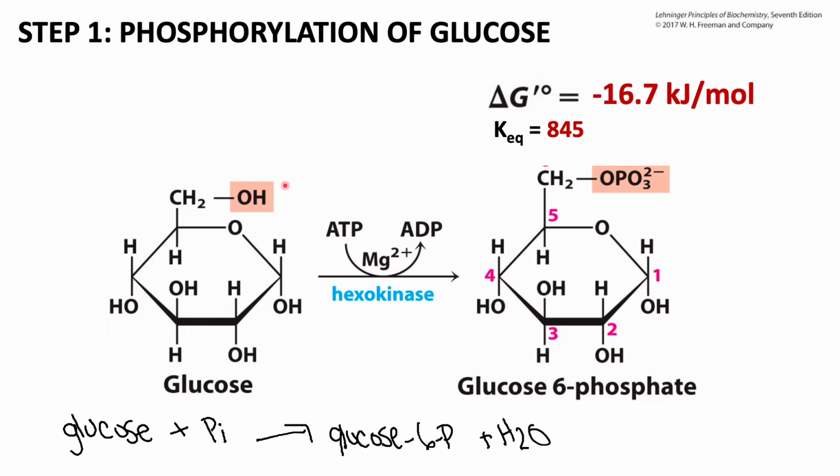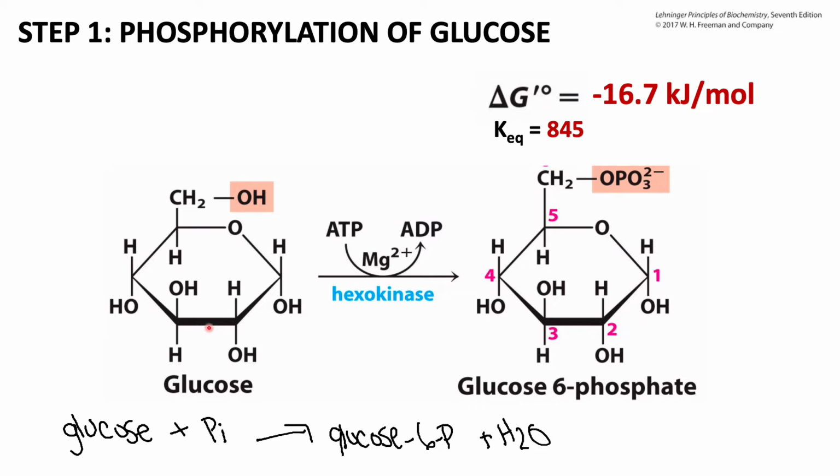But how do we initiate that process of glucose breakdown? Well, we have this glucose molecule, and our biological systems have a mechanism in place in which we phosphorylate this glucose molecule to signal to the cell that it is ready to undergo glycolysis and glucose metabolism.